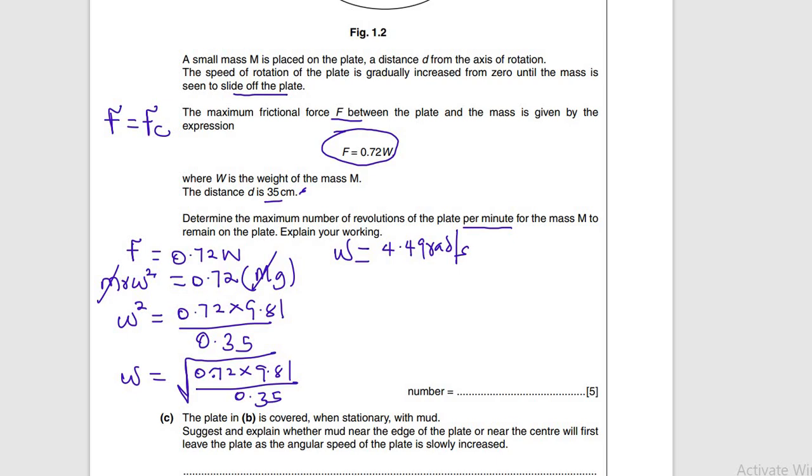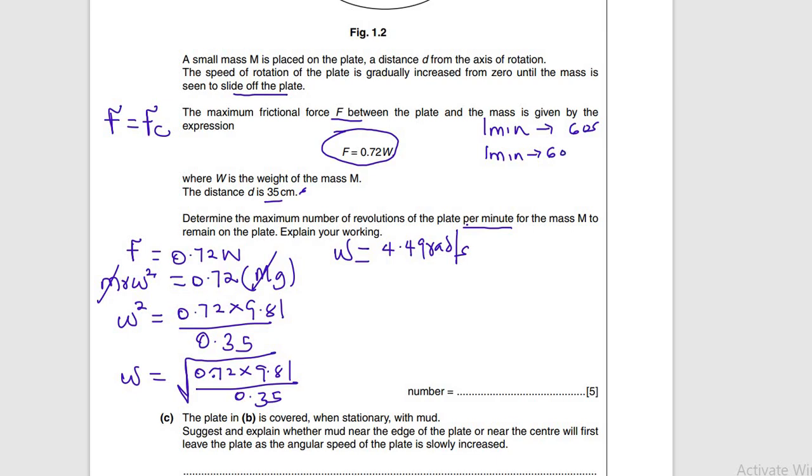But the question asks us to find it in revolutions, the number of revolutions per minute. Okay, it has to be per minute. So let's look at it like this. Remember that 1 minute is 60 seconds.